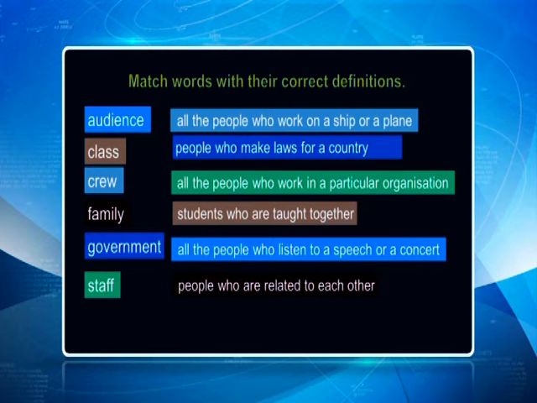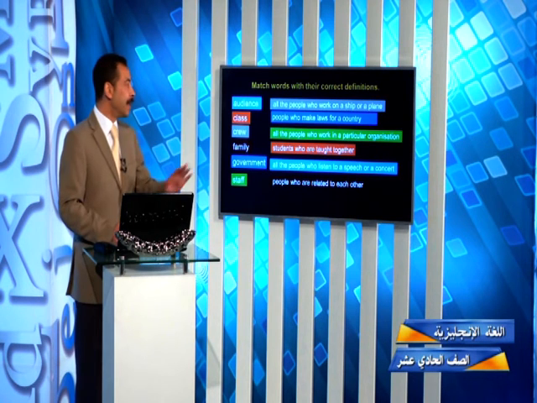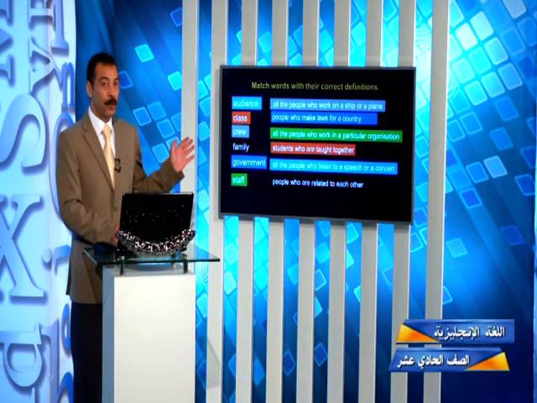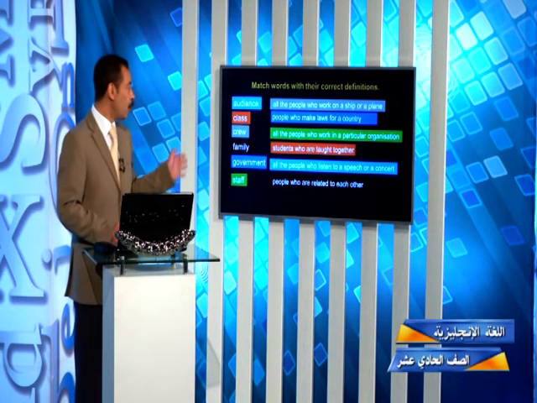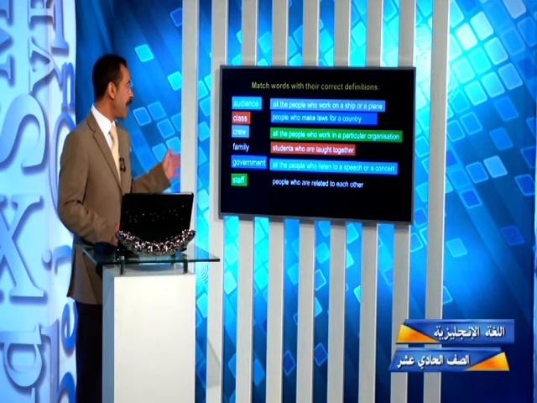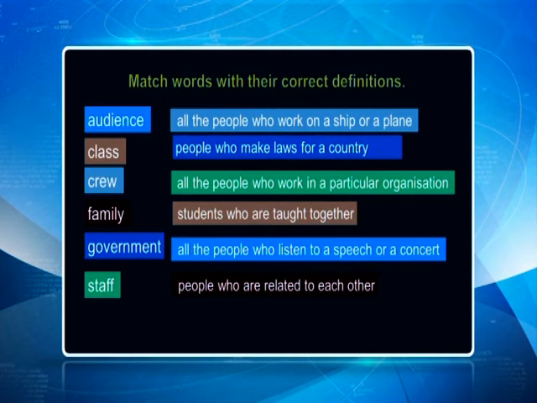If you look at this table here, it's clear that the words on the left are, what can we say about them? They are all singular nouns: audience, class, crew, family, government. Whereas on the other side, all the words are plural: all the people, students, people.